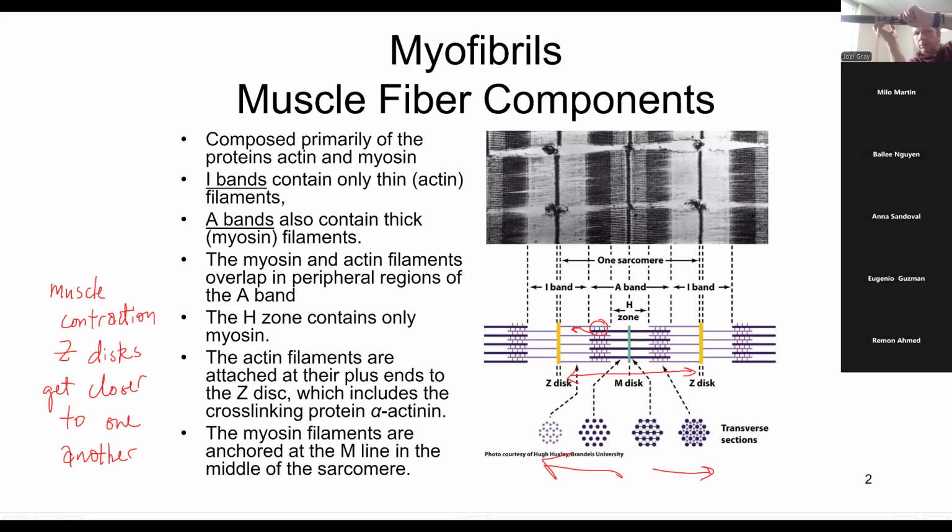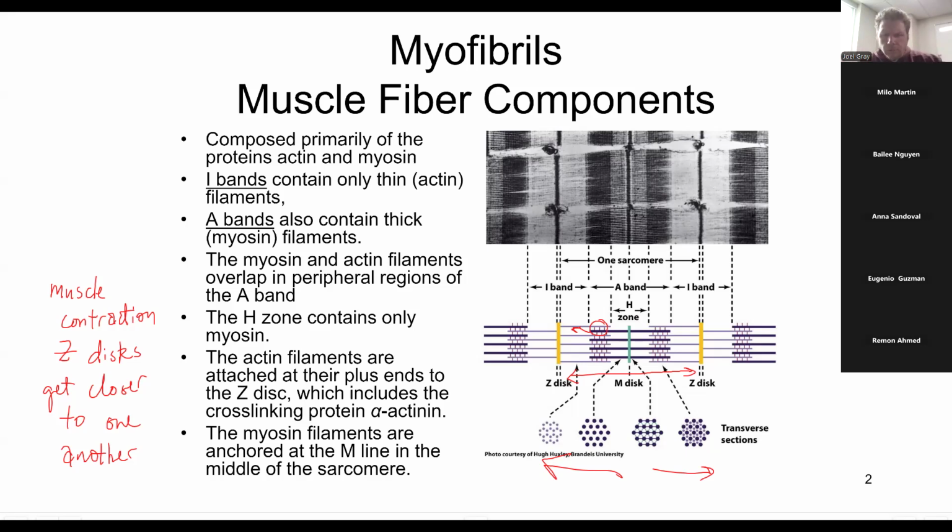So my hand is myosin. It's going to release. And then this actin filament is going to shift this way. And it's going to attach again. Then release, shift, attach, release, shift, attach. So that's how a muscle is going to contract and relax.